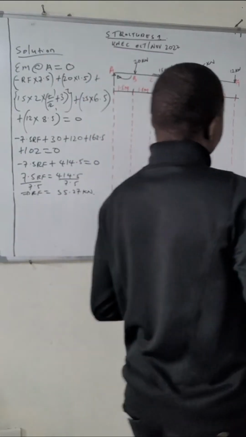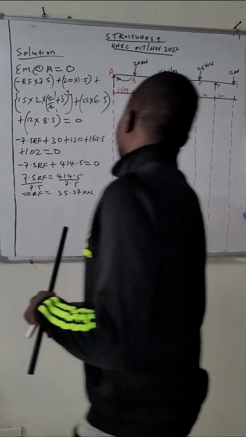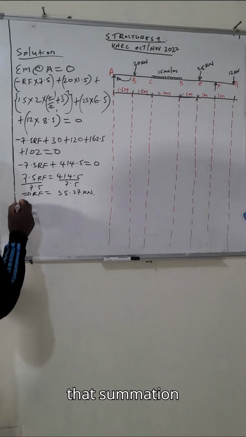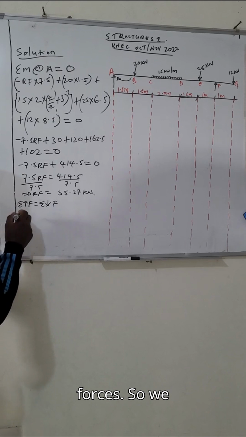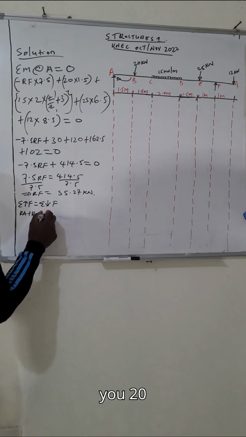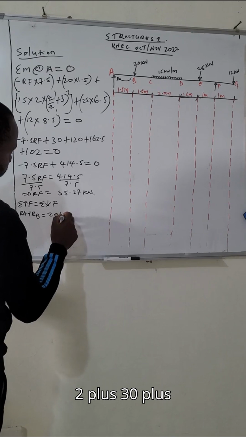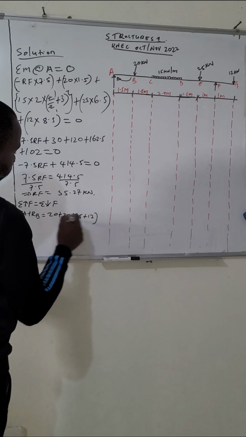Again, to find RA, we will use one of the equations of equilibrium, which says that summation of upward forces should equal summation of downward forces. So we have RA plus RF equals 20 plus 15 times 2, which is 30, plus 25 plus 12.